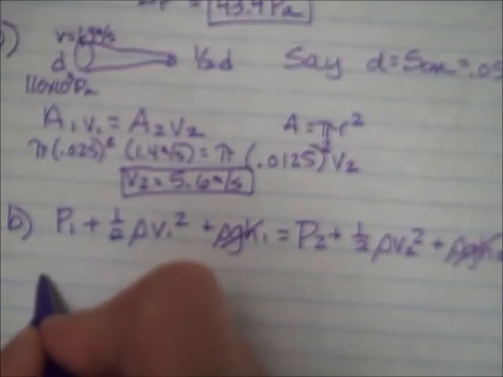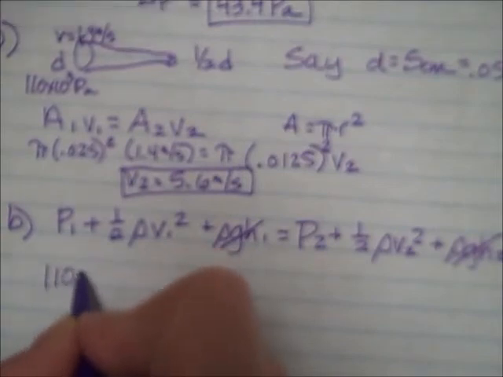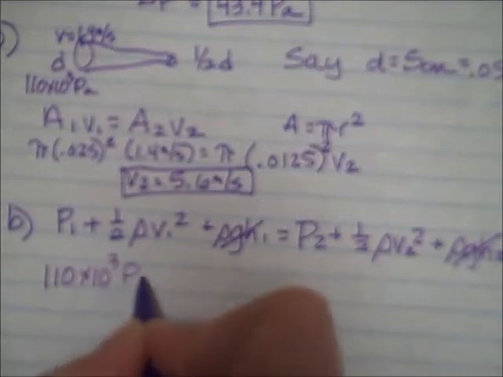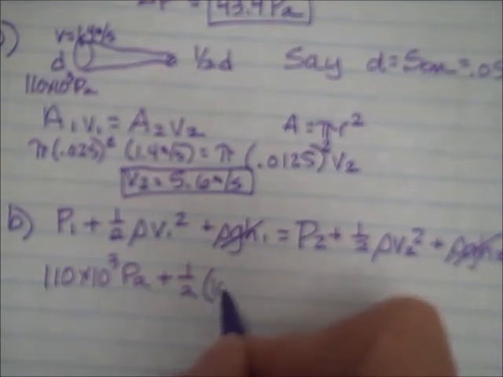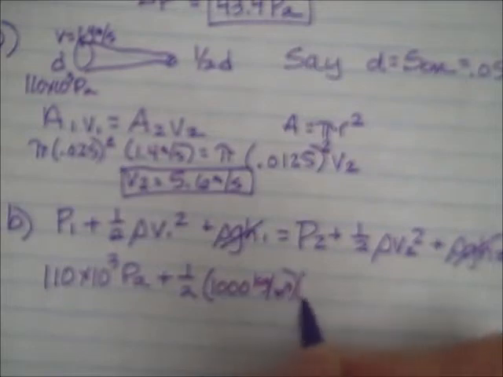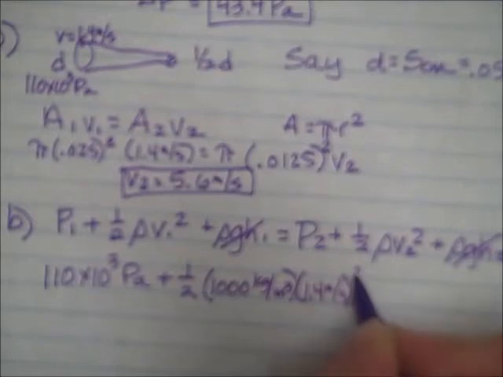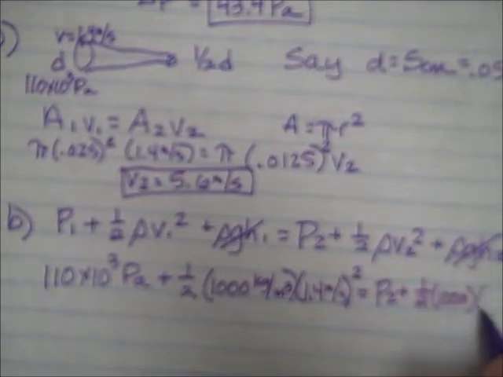And so P1 was 110 times 10 to the third pascals plus 1/2 the density. This is just water, so the density would be 1,000 times our initial velocity of 1.4 meters per second squared will equal P2 plus 1/2 times 1,000 times 5.6 meters per second squared.